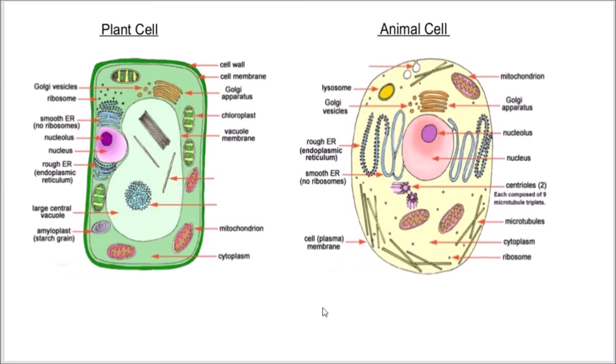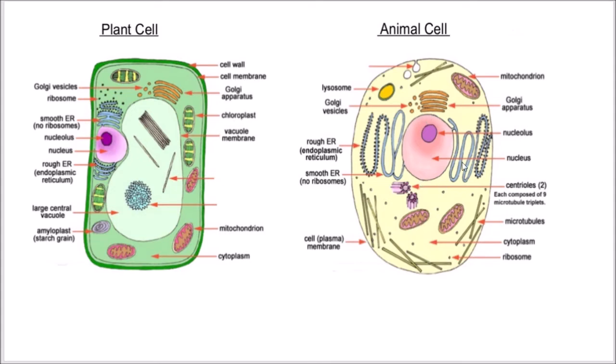There are two types of cell, the plant cell which is present in plants and the animal cell present in animals. You can see here many organelles are present in the plant cell as well as the animal cell. Most of the organelles are almost the same, like Golgi vesicle, ribosome, smooth ER, nucleus.